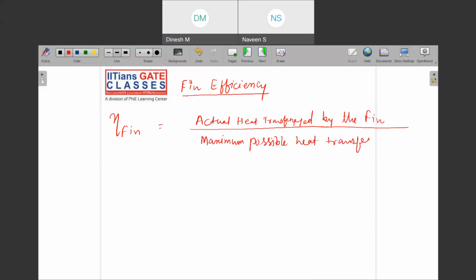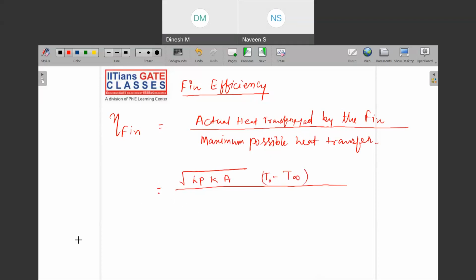So now, what is the actual heat transfer we have obtained till now? Let us say that in case of an infinitely long fin, what we have seen was square root of HPKA multiplied by (T naught minus T infinity), right?